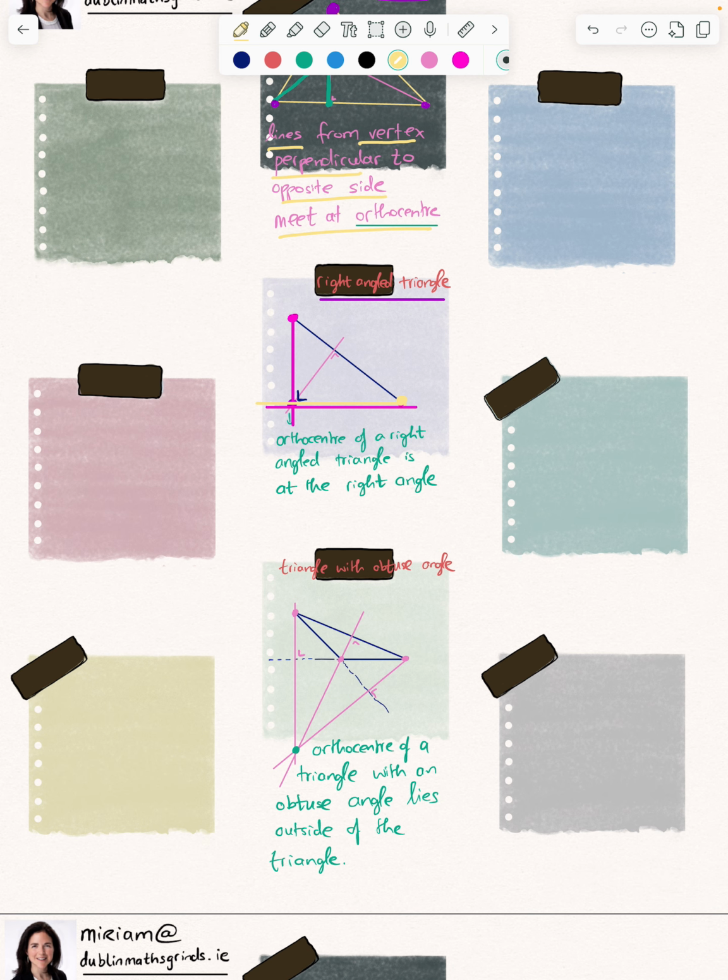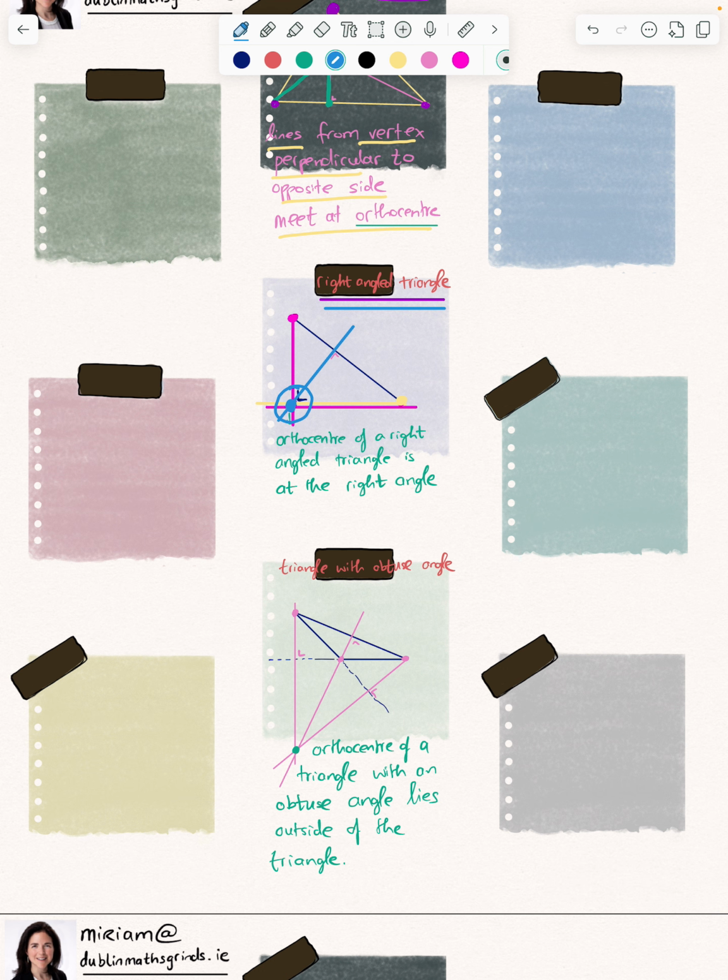And then if I go from the vertex there at the right angle and I meet the other side at a right angle, well, already 2 of those lines that will determine the orthocentre meet at the right angle. The third also meets at the right angle, the blue one, because the vertex at the right angle is part of that blue line. So that is a fact that you want to know, that in a right angle triangle, the orthocentre is at the right angle.